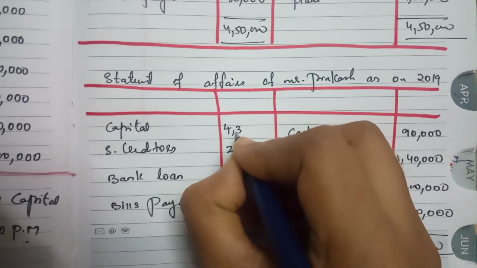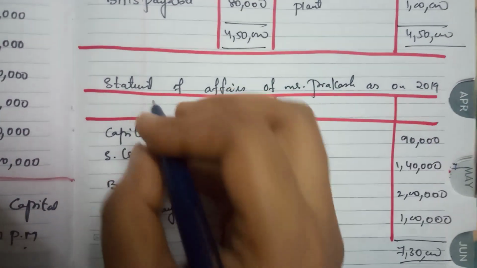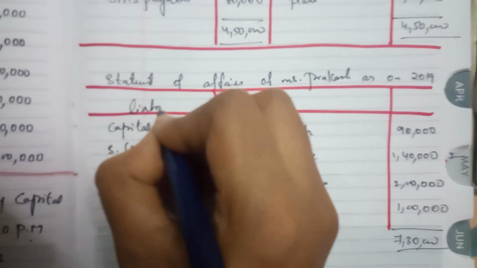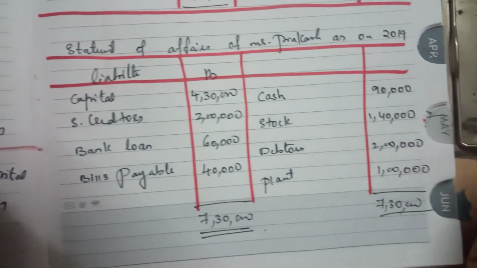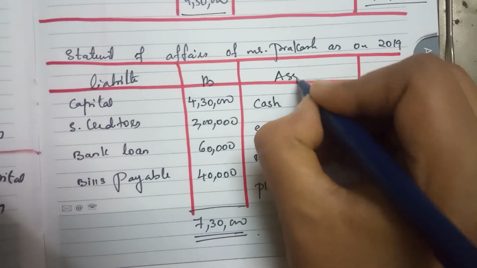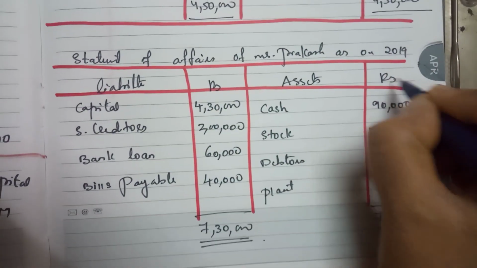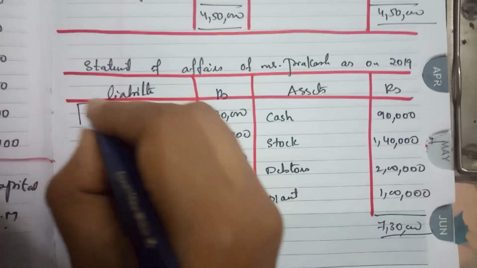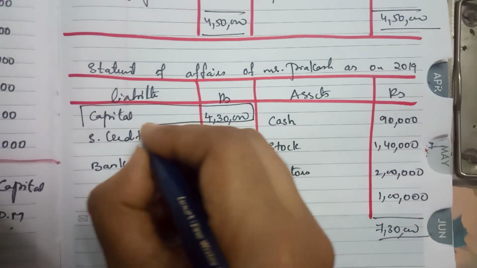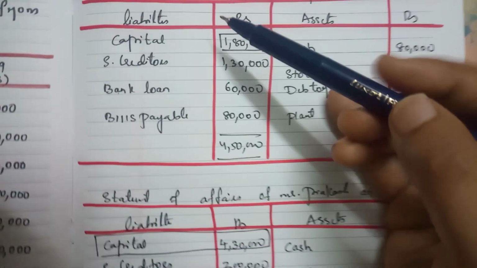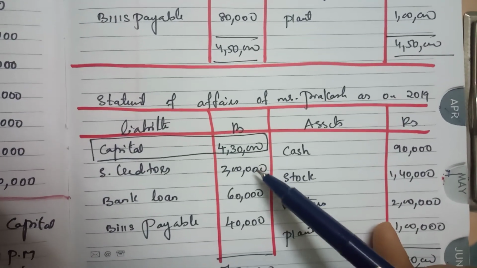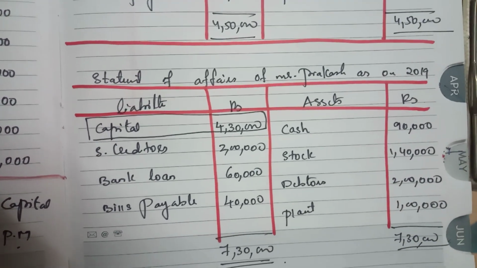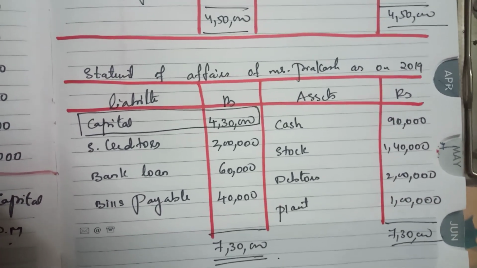You're going to get 4,30,000 as your closing capital. This is liabilities, rupees, assets, rupees. Okay, so these two things are very important for us. We got both the things: opening capital 1,80,000 and closing capital 4,30,000. And now we have to prepare a statement.